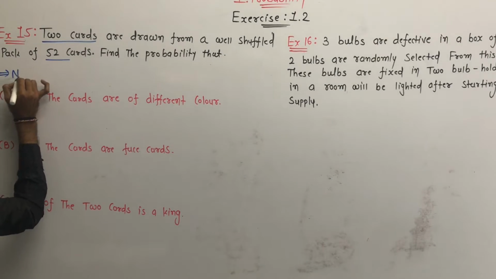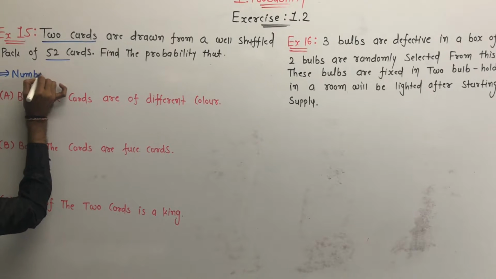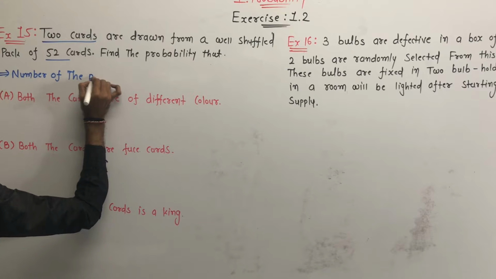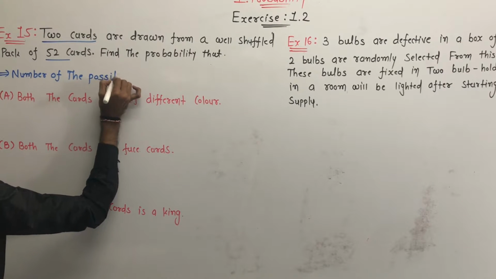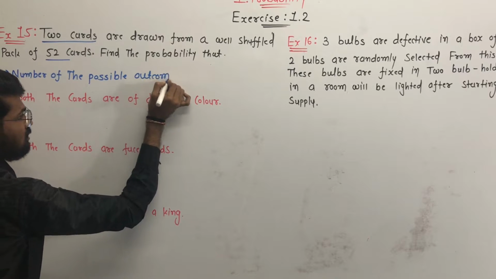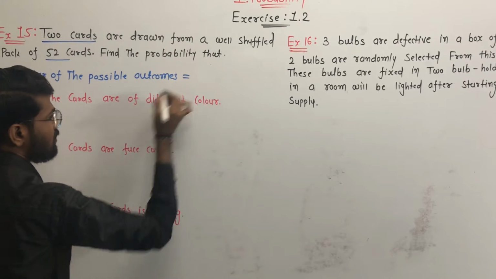How can we find the number of possible outcomes? It is very simple.